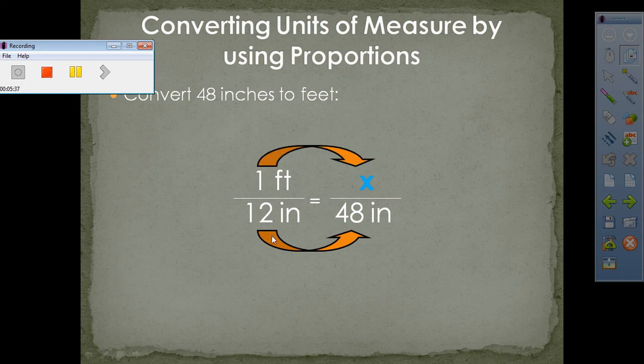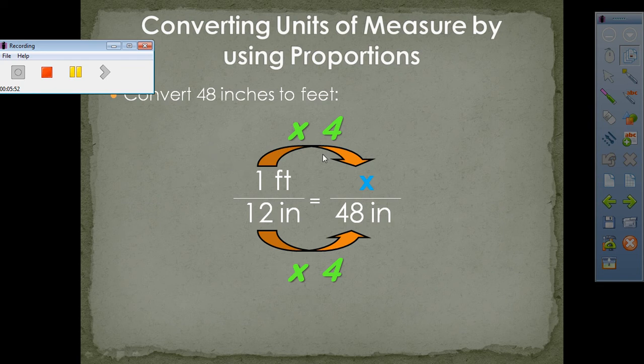Well, 12 times what gives me 48? Times 4. So if I do times 4 down here, what do I do to the top? Times 4. So x has to equal 4. Okay?